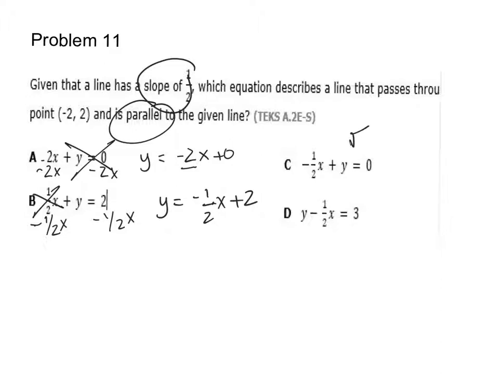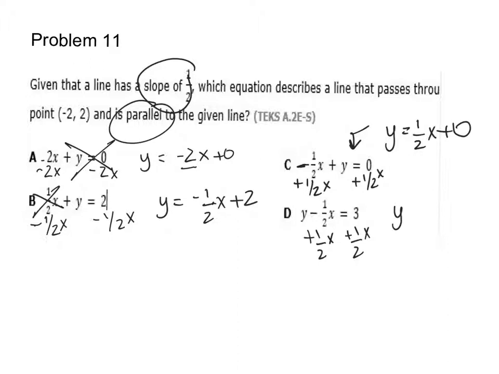Alright, let's try C. So now we have y is equal to 1/2 x plus 0, because this is negative, and to move it to the other side, I'm going to add. So that might work. Let's try D. 1/2 x plus 1/2 x. I get y is equal to 1/2 x plus 3. So now we are between C and D.